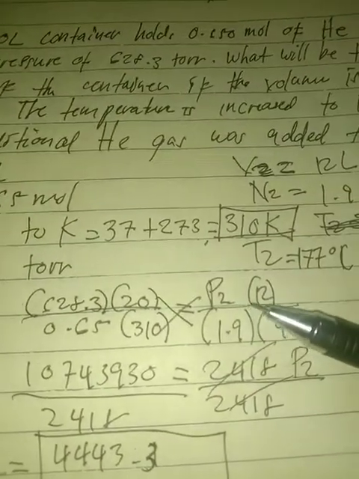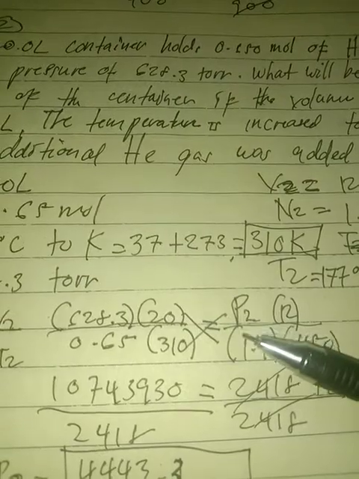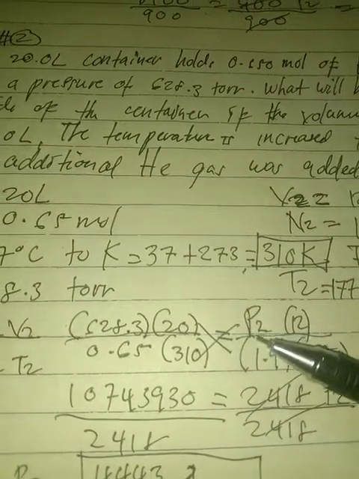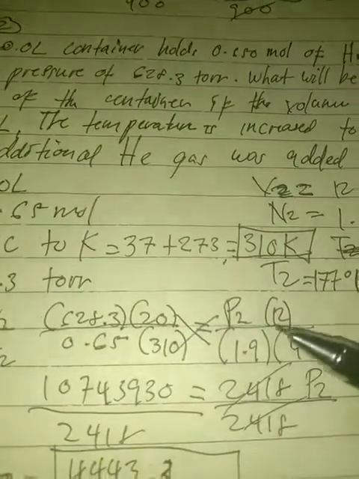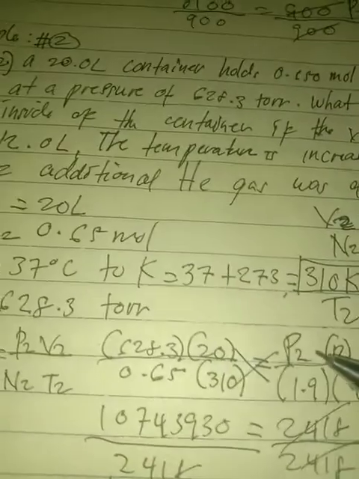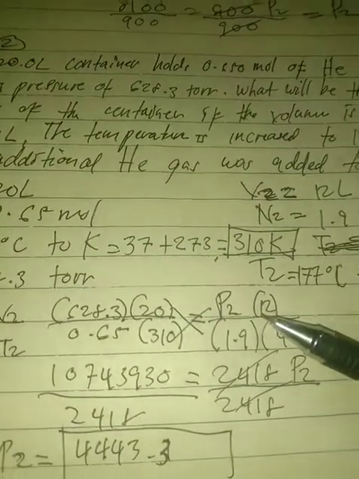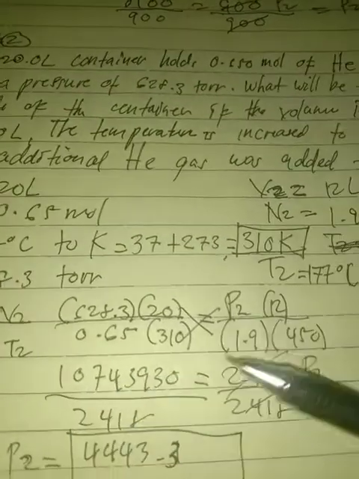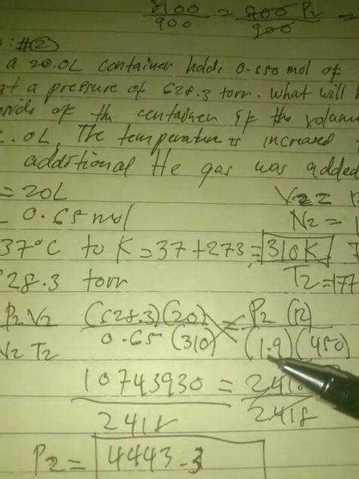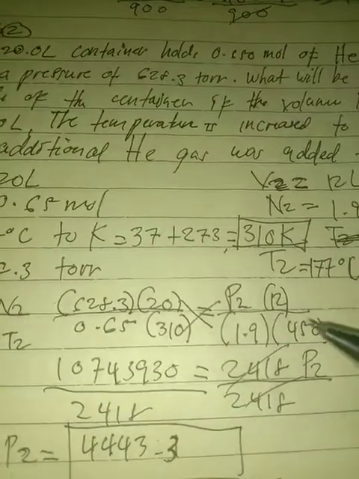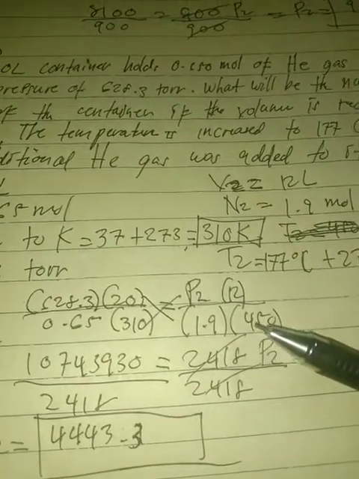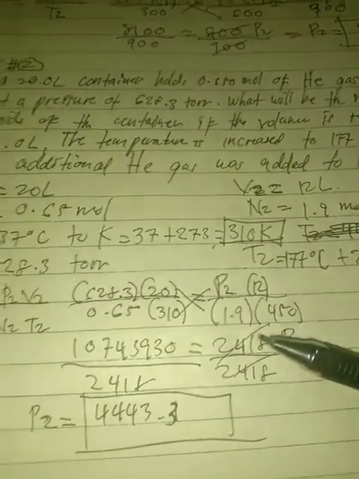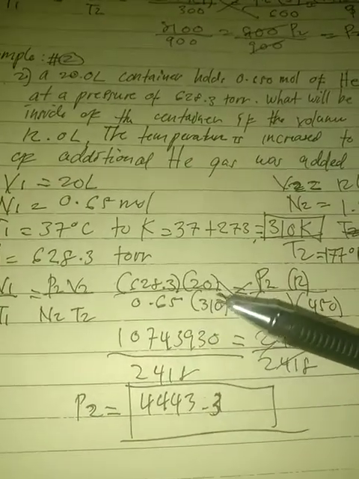And then later we will know the value of our P. Since we have no value, we are going to write down the P2. And then the value of our V2 is 12 liter. The value of our N2 is 1.9 mole, and then the value of our T2 is 450. So now what we are going to do here is to cross multiply.